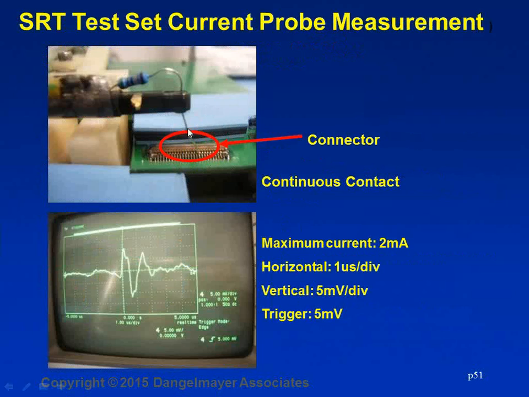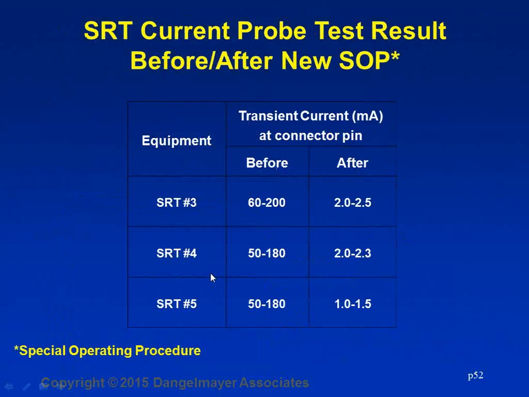Here is the measurement technique. You see here's the current probe, the wire coming through the probe and enabling contact with specific pins, and the resulting response. Here's the before and after data, the milliamp measurements on these 3 test sets, all of the same nature.